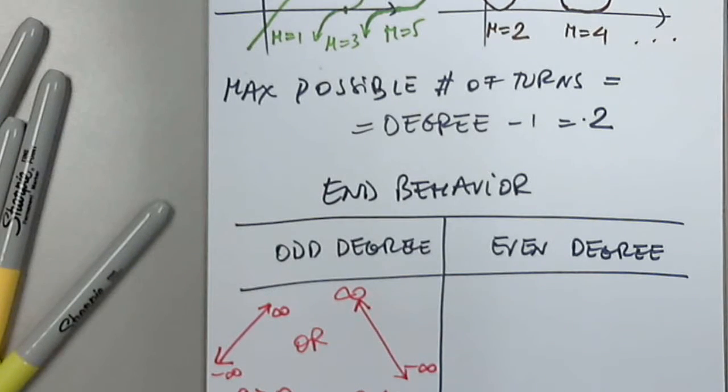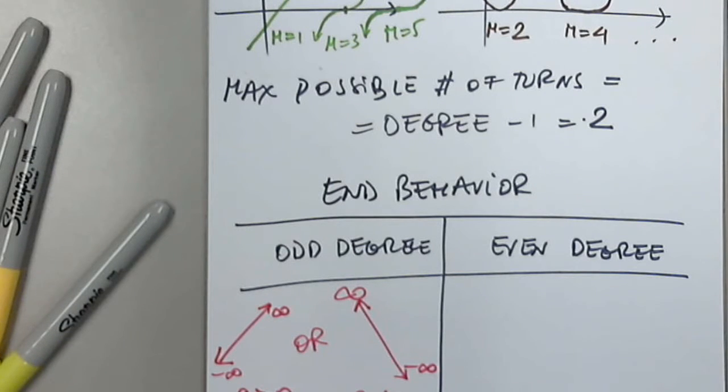Any odd degree polynomial function will follow one of the two patterns. If the leading coefficient is positive, it will come from negative infinity, go to positive infinity, and this is the end behavior. If the leading coefficient is negative, it will come from positive infinity, go to negative infinity, and this will be the end behavior.